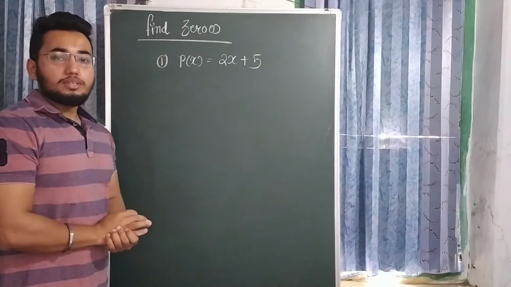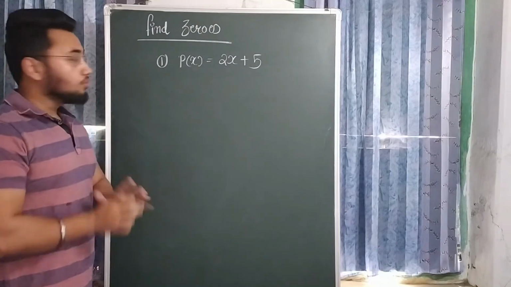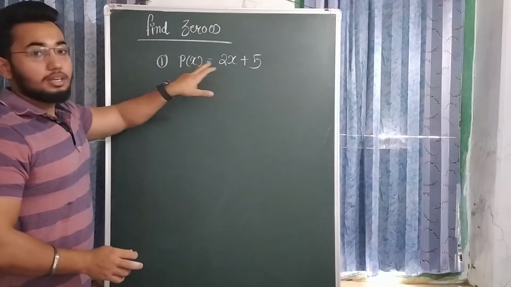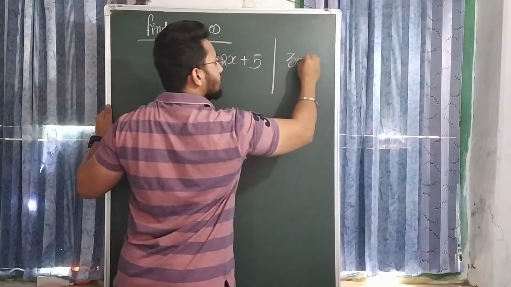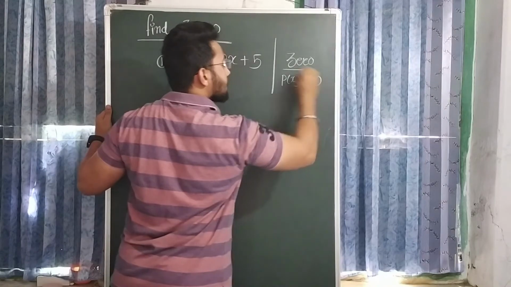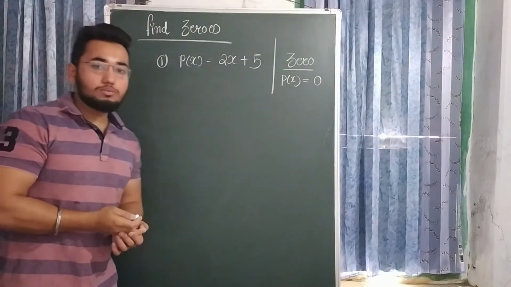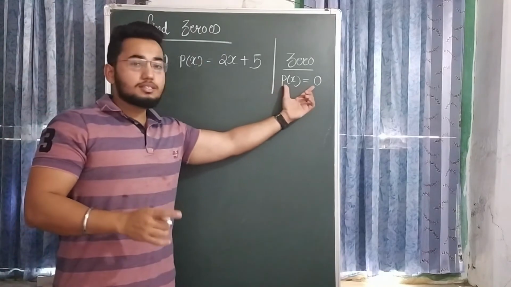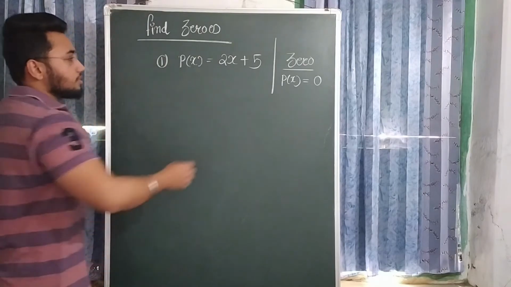How can we find it? Simple. Wherever there is talk of a zero, then you have to take the polynomial equal to 0. Whenever you have to find a zero, you have to take the polynomial equal to 0. Then you can easily find the value of the zero.